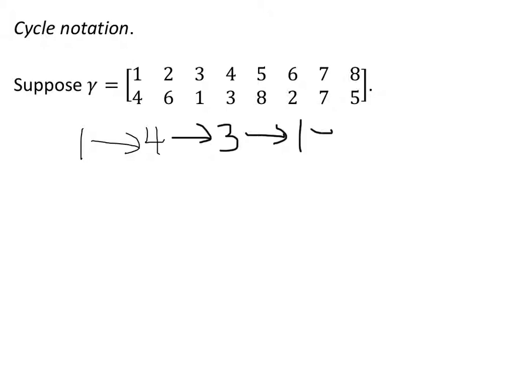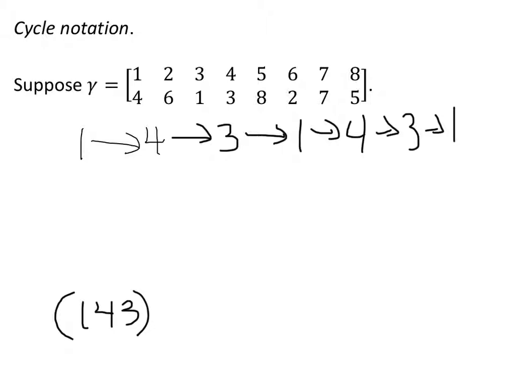So 1 maps to 4, 4 maps to 3, 3 maps to 1, and so on. So we have what's called a cycle here. And the way we'll represent these cycles is with parentheses. So we'll put 1, 4, 3, and then close the parentheses. And that closed parenthesis means that whatever number is here at the end, we loop back to the beginning.